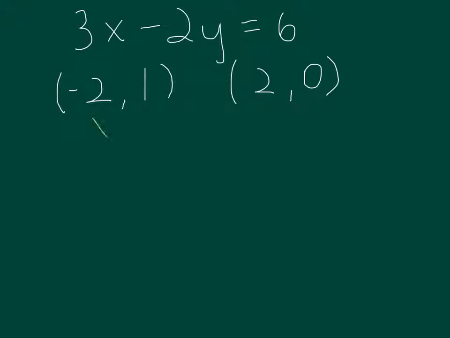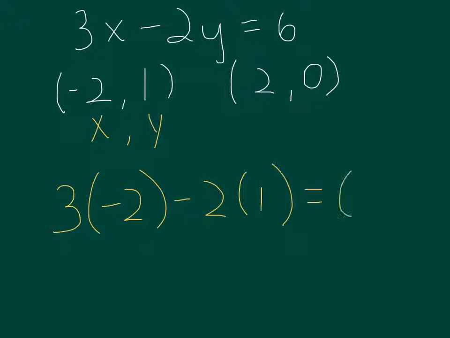Since this is the x-coordinate and this is the y-coordinate, you plug negative 2 into where x was and 1 into where y was. This simplifies into negative 6 minus 2 equals negative 6. However, negative 8 does not equal 6.